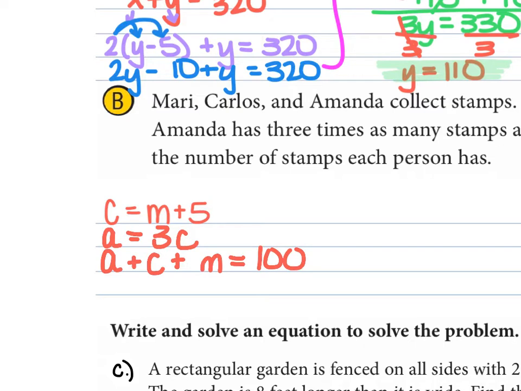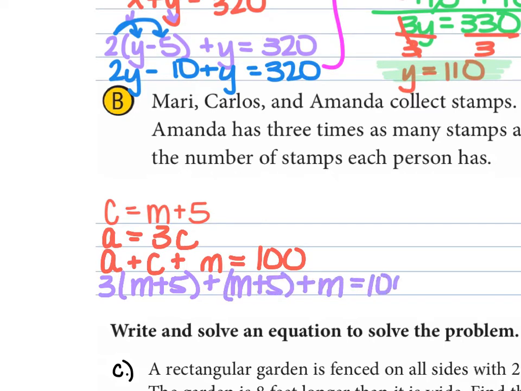Amanda is 3 times M plus 5. And Mari, we don't know what hers is, so we're going to leave it as M. So together, this is going to give us A, which is 3 times M plus 5, plus Carlos, which is M plus 5, plus M is equal to 100.